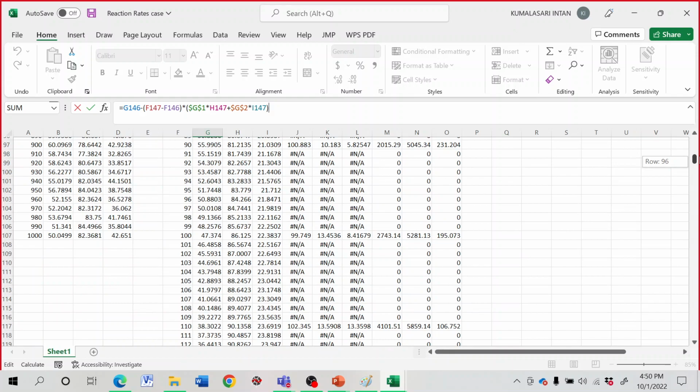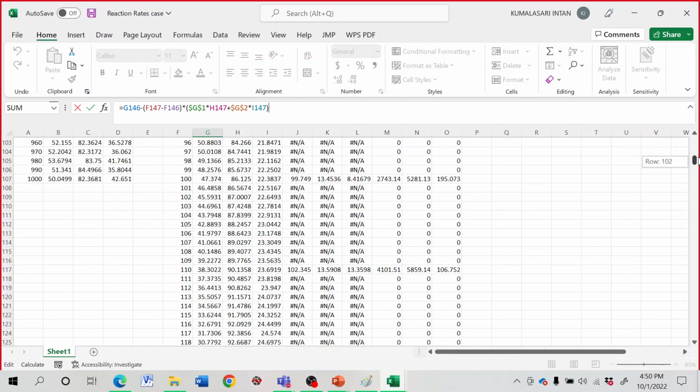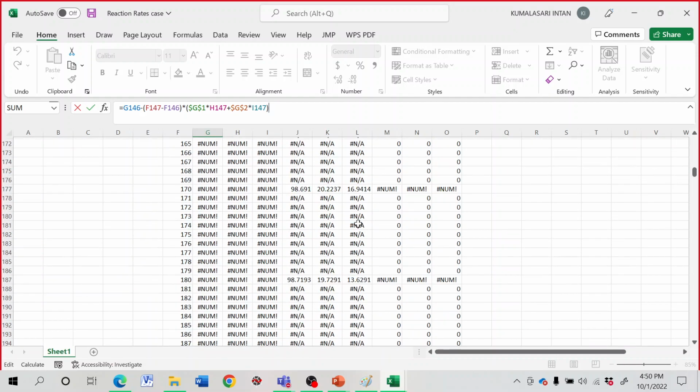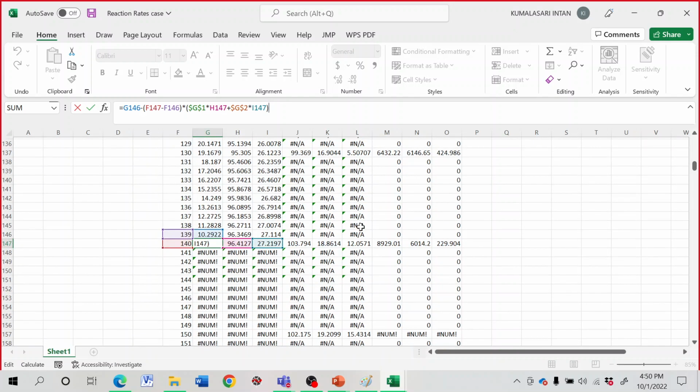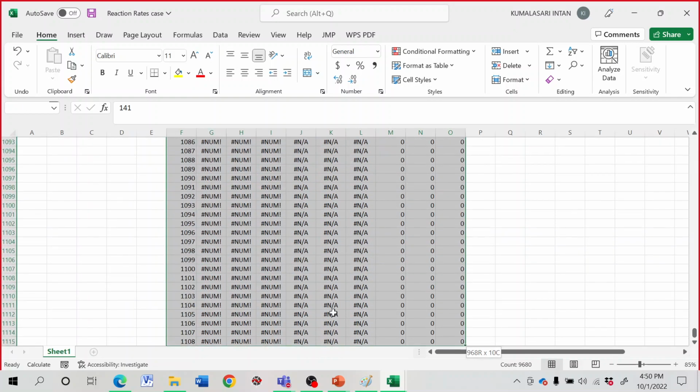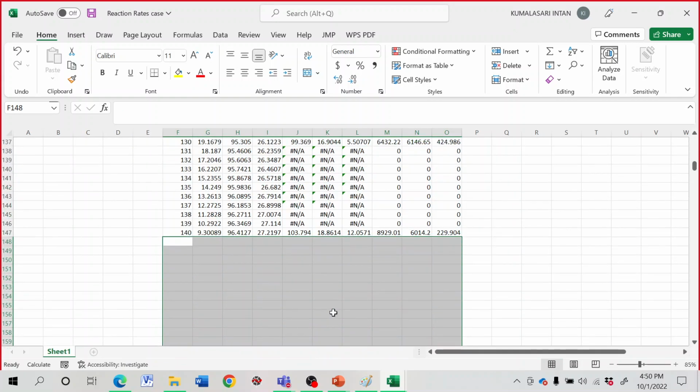Apparently, up until here it's 140. And the 140 and something you can use later on.